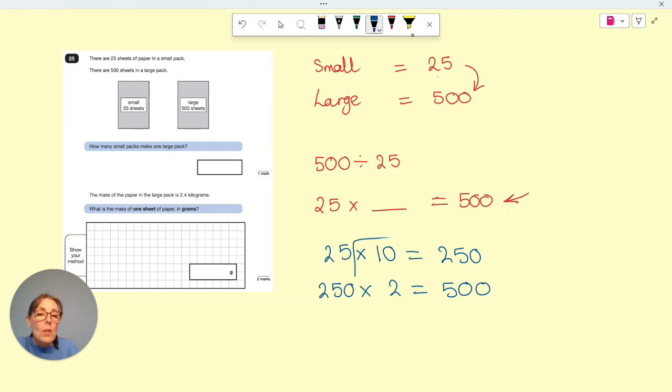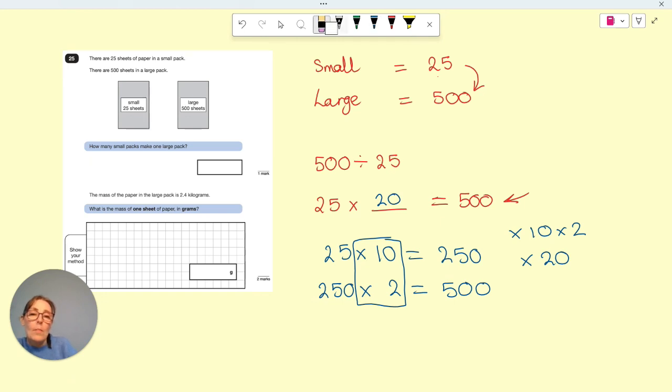So I look at those multipliers, and I'm thinking times 10 times 2. Well, 10 times 2 is 20, so maybe it's times 20.